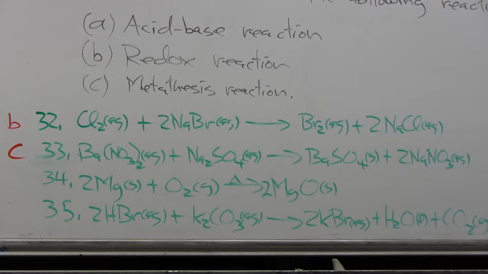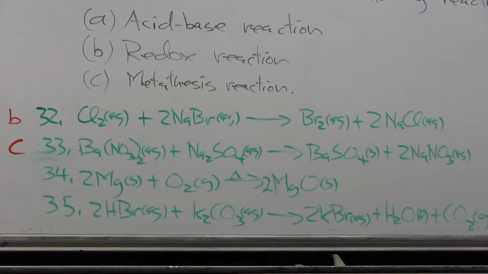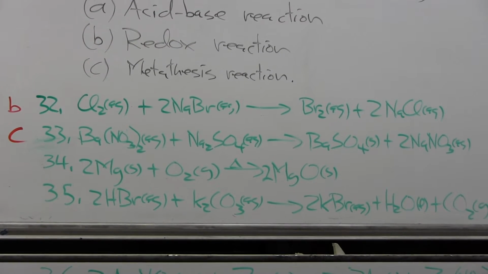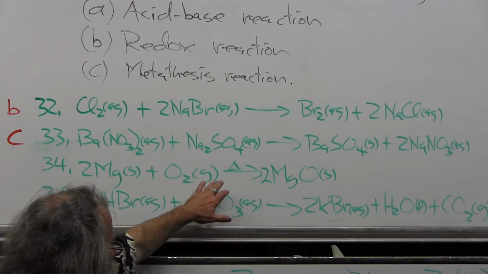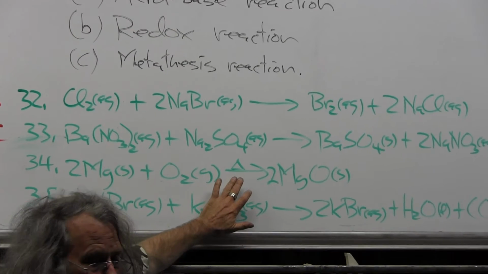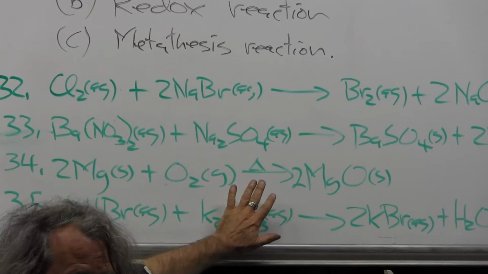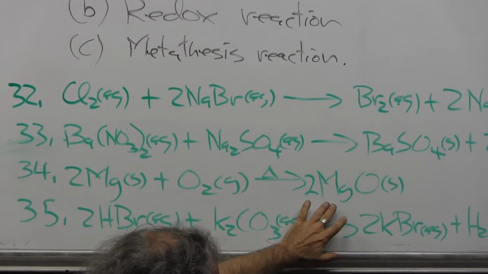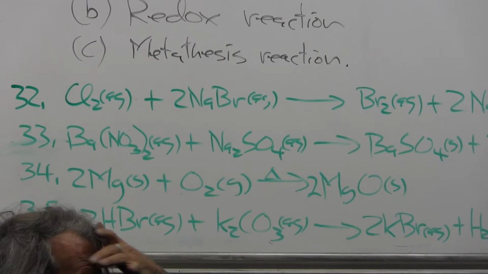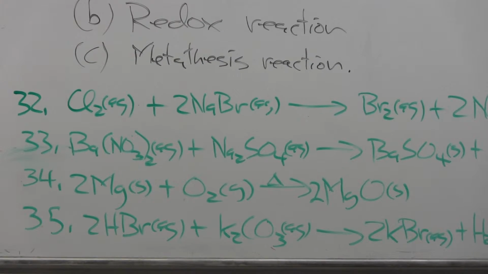Now the third, or 34, is 2 magnesium solids plus O2 gas, and then I've got a little delta over the arrow, which signifies heat. Upon heating, I get 2 magnesium oxide solids. This is classic, obviously.